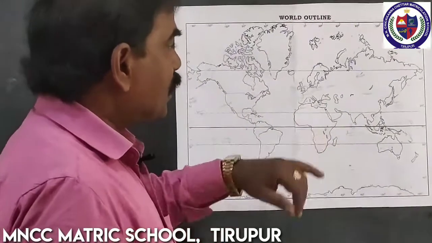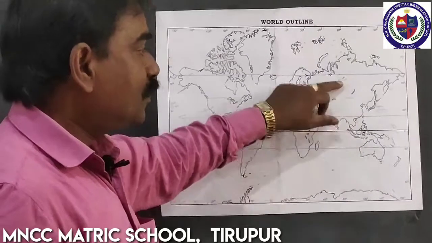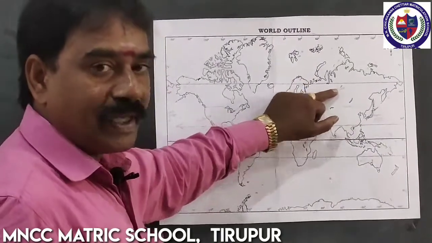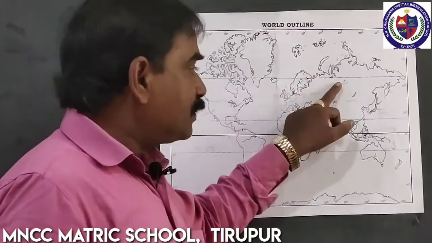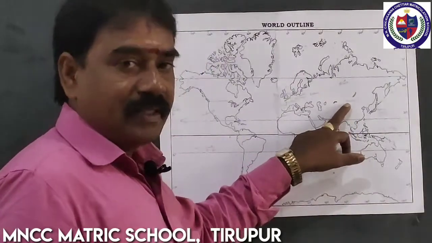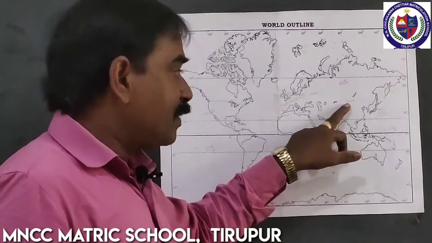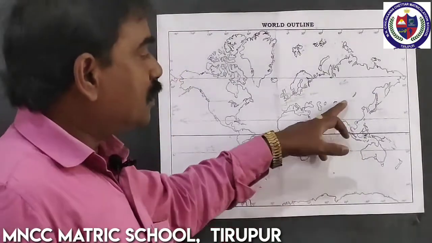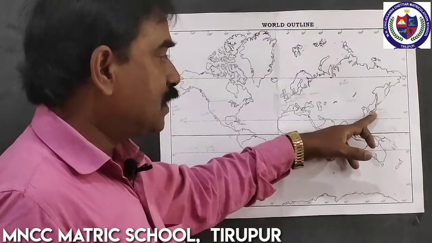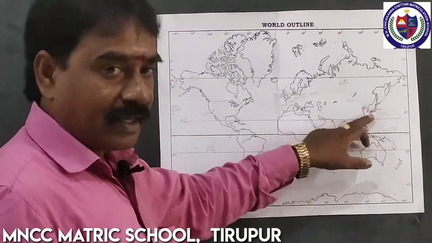First one, USSR. Here, if you mark here USSR, then below that, above India is China. Here, China. Next, on the left of China, here some islands are there.